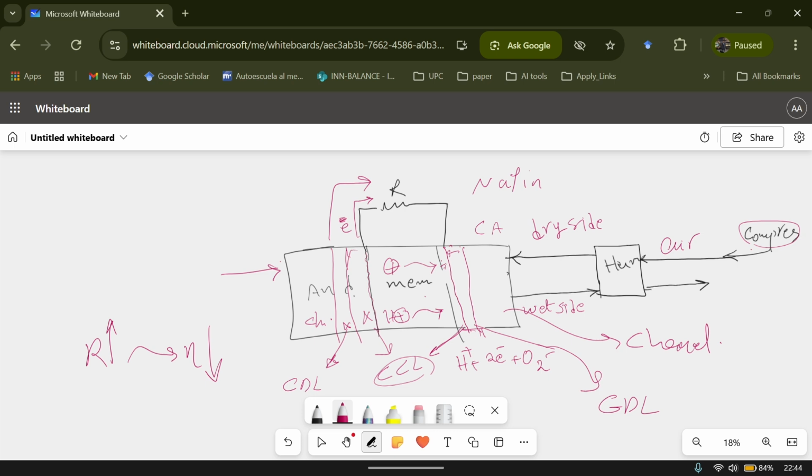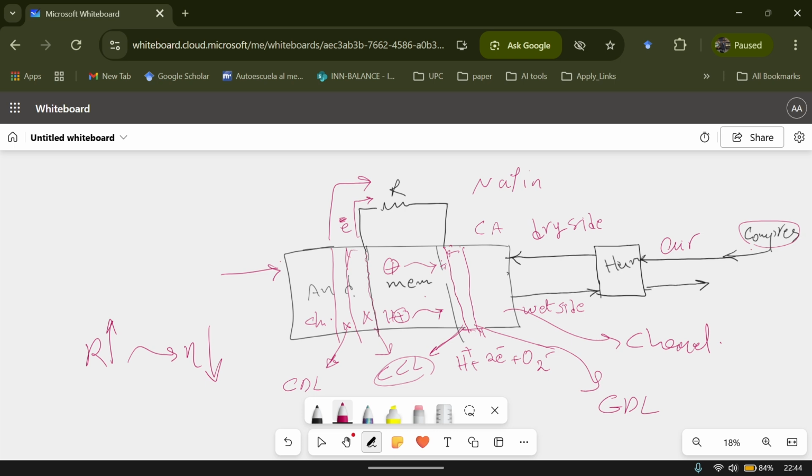Then we have gas starvation, performance reduction, and finally voltage drop. So that's why it's really important to maintain the water content of the air at an optimal value.